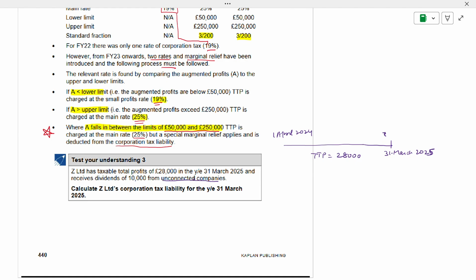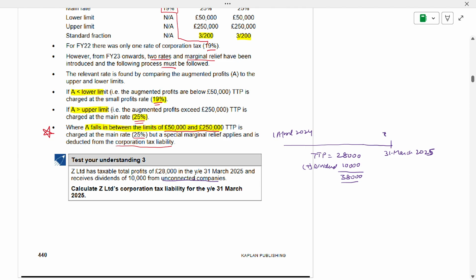How much is the total taxable profits? TTP is 28,000. And they have received dividends from non-associated companies. How much is from the non-associated companies? 10,000.